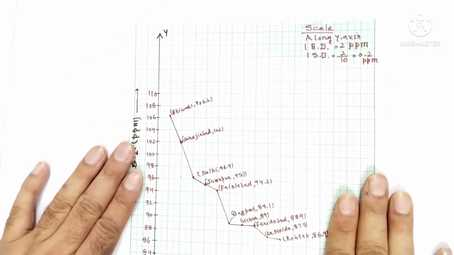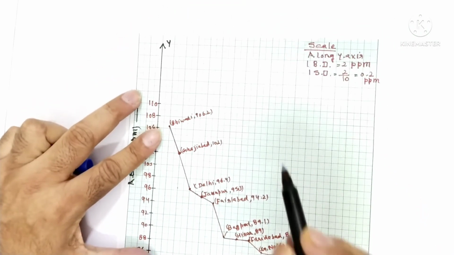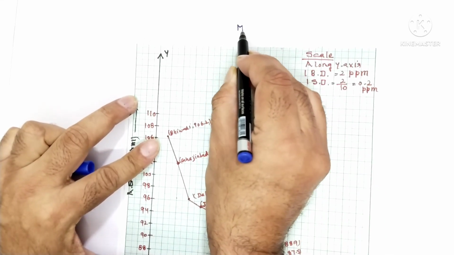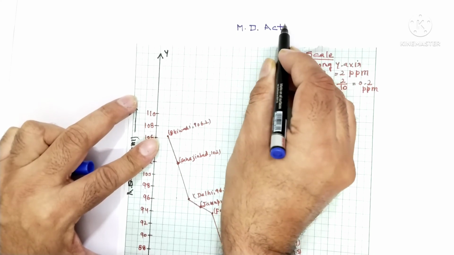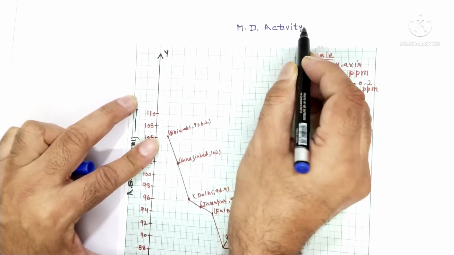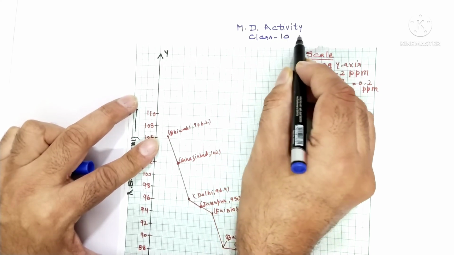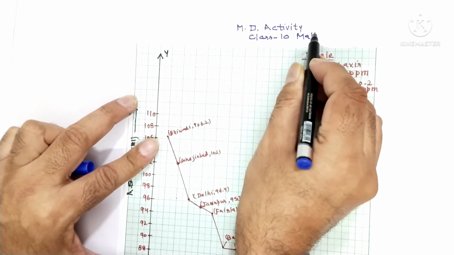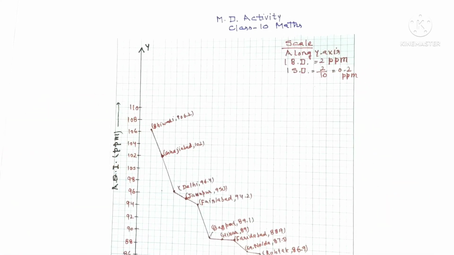And this is pasted. Here you can write on it that this is MD activity, multidisciplinary activity of class 10th for the subject maths. You may decorate these sides well so that while keeping in the portfolio file, it appears decorative and appealing.